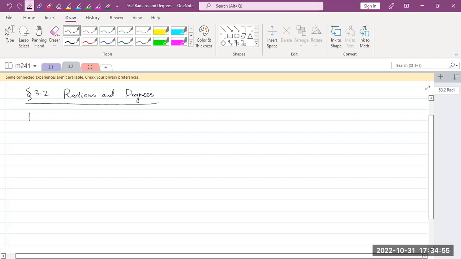Besides degree measure, an angle can also be expressed in radian measure.